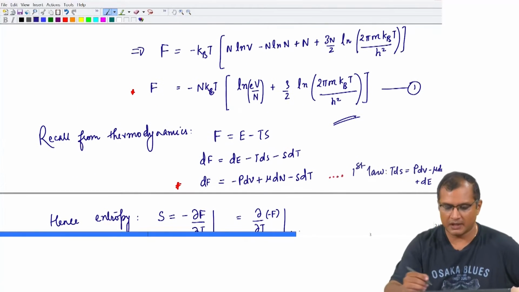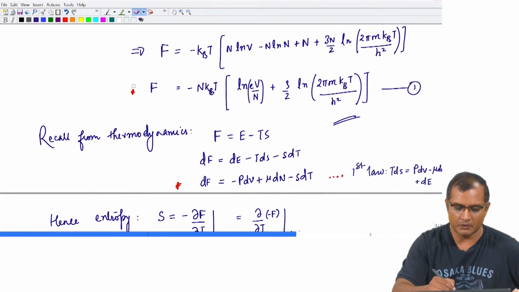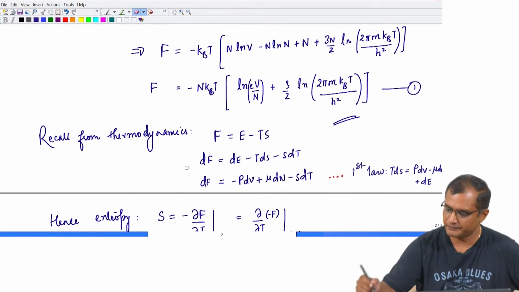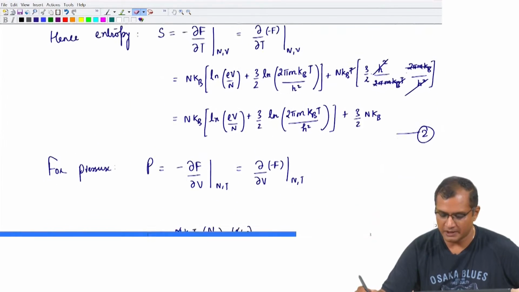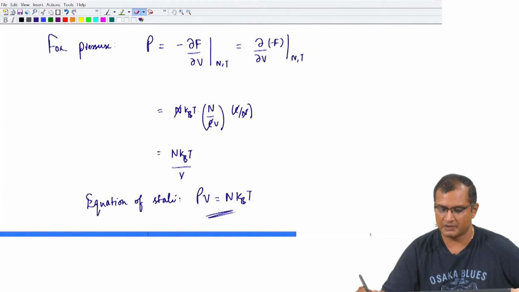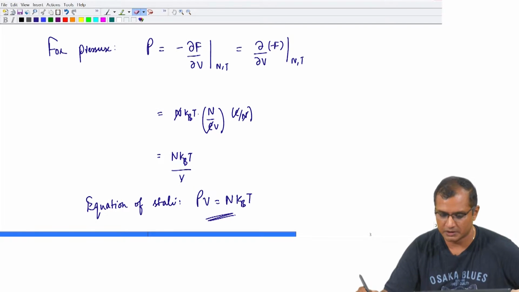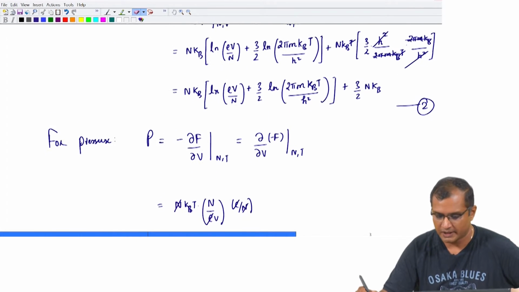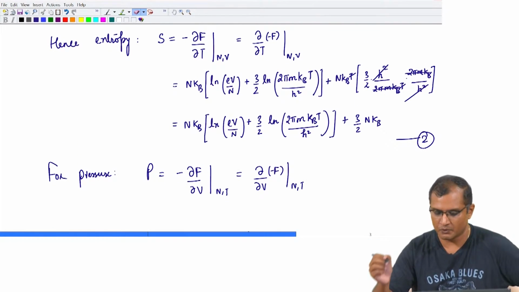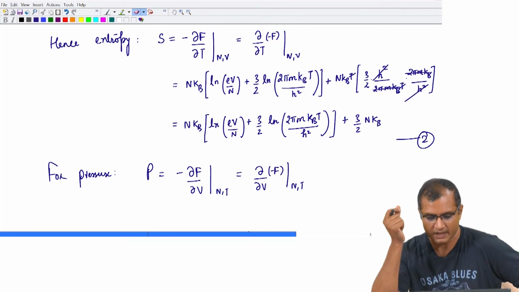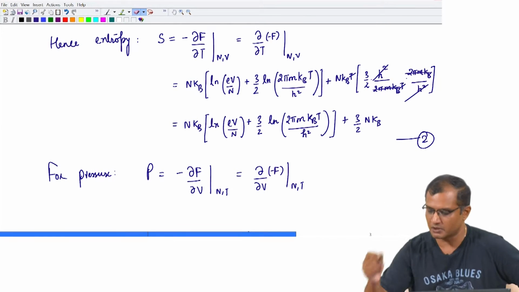Now, you can also compute the internal energy of an ideal gas. Given that you have computed pressure and entropy, you can also compute what is the internal energy of the ideal gas. Now, there are two ways to compute internal energy.